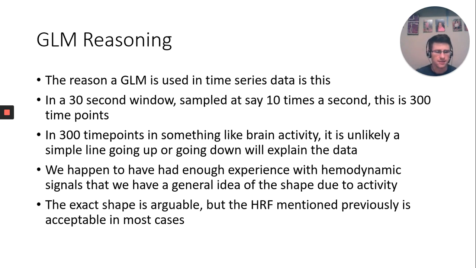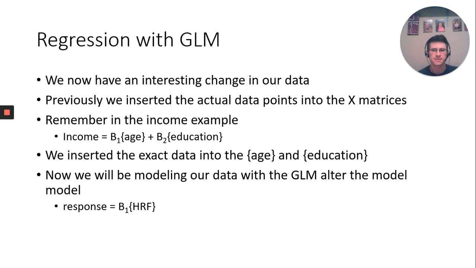Luckily, the field has done enough hemodynamic experiments that we have a fairly good idea of what shape activity looks like, and it looks something like the HRF we showed there. The exact shape is quite arguable, and other groups will tout other options, but the one mentioned is widely used and acceptable for most cases.